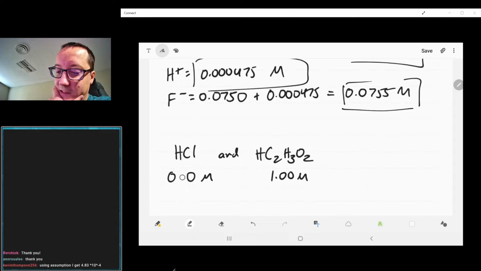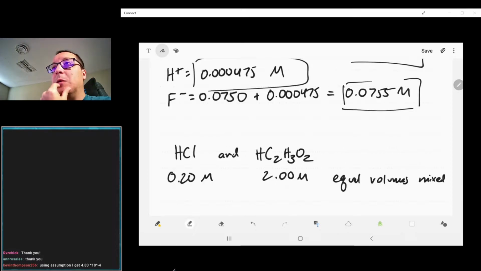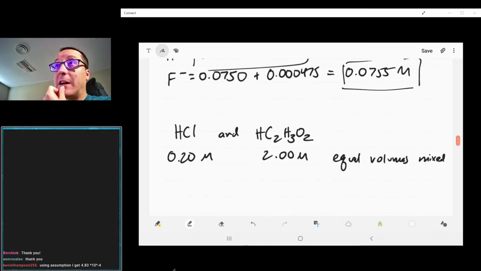We'll make it easy this time. We'll make the numbers work out nicely. Again, we'll do equal volumes mixed here. So our common ion this time is, what's it going to be? Our common ion here is H plus, right?